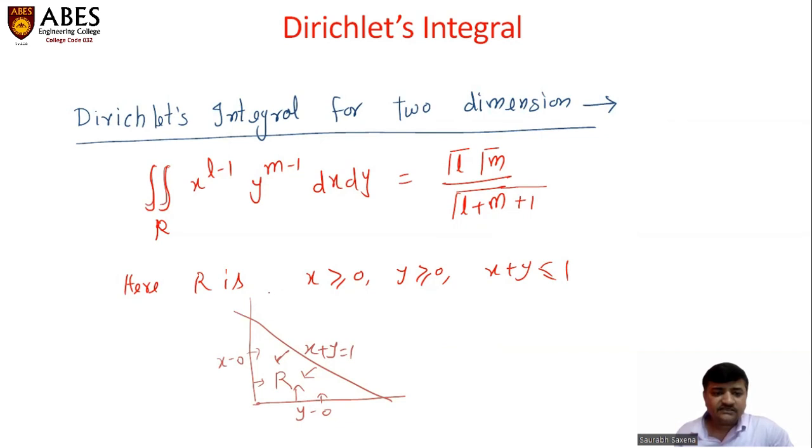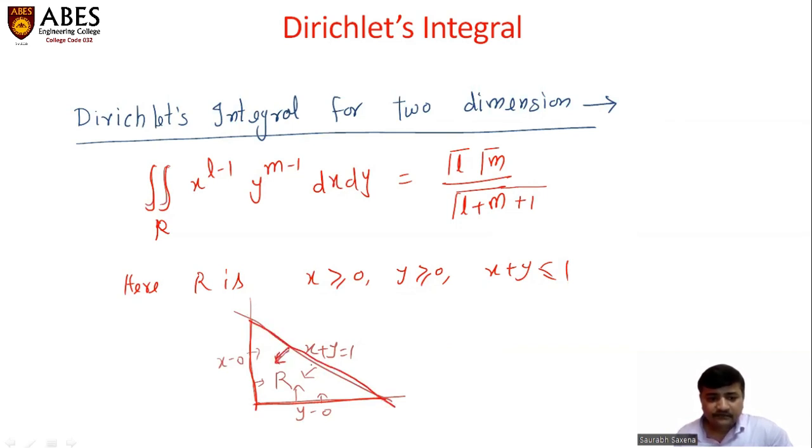Here the region R is defined for x greater than equals to 0, y greater than equals to 0, and x plus y is less than equals to 1. It may also be considered as the region bounded by the y-axis, that is x equals to 0, the x-axis, that is y equals to 0, and the line x plus y equals to 1.